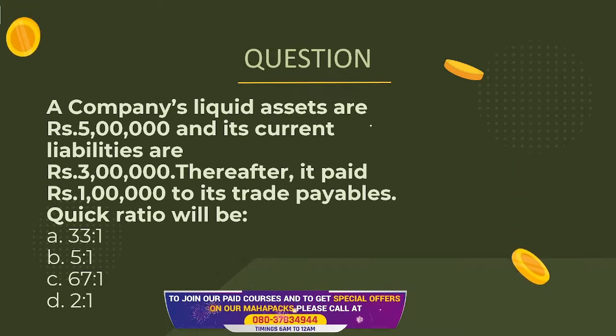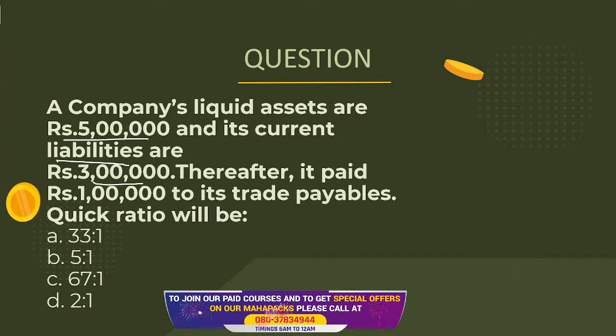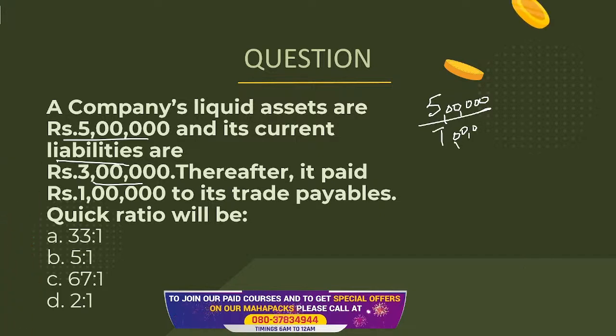Next question, everyone. The last question for the day. Company's liquid assets are 5 lakh, current liabilities are 3 lakh. Thereafter, it paid payables of 1 lakh.